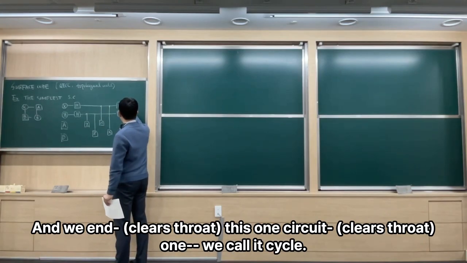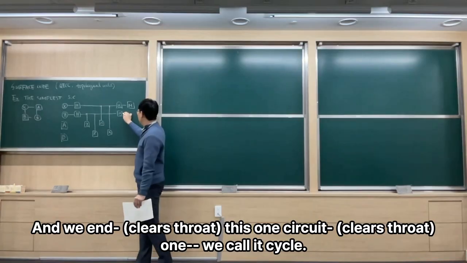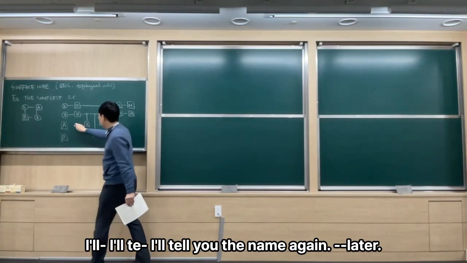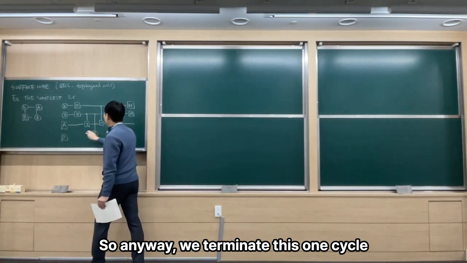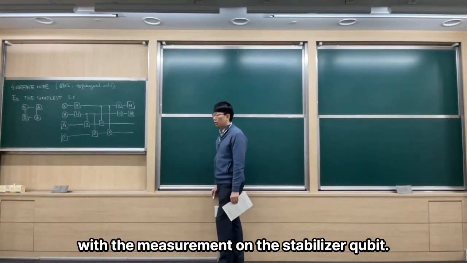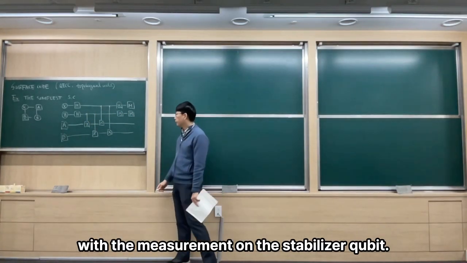When we end this one circuit, we call it a cycle. I'll tell you the name again later. So anyway, we terminate this one cycle with the measurement on the stabilizer qubits.